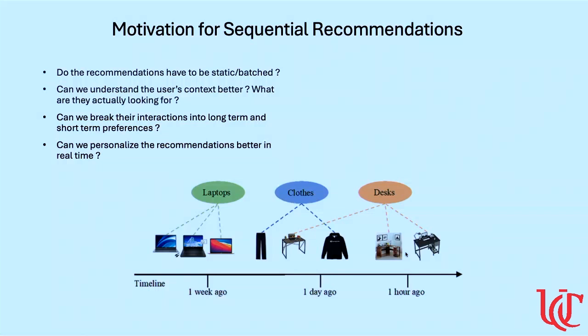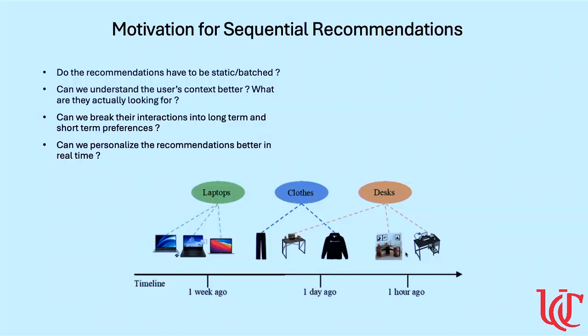Do we have any option of adding some temporal effect to the user recommendation? For example, one week ago the person was searching for laptops, then today the person interacted with some clothes, but also simultaneously has been interacting with desks or office furniture, and so on and so forth.